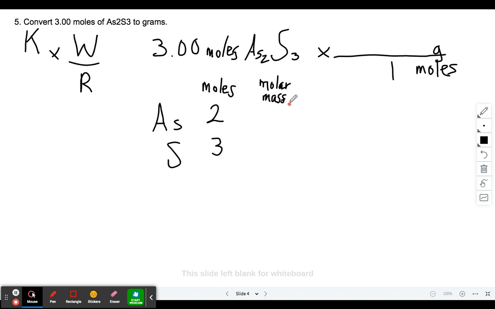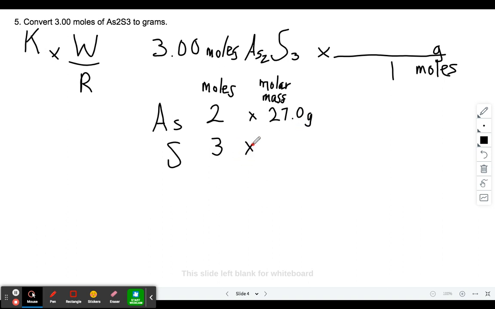So if I look at arsenic, it's 26.9815. So I'm going to round it to the first decimal place. So it's 26.98. So that 9 is going to round up to a 0 and become a 27.0. And sulfur is 32.066.